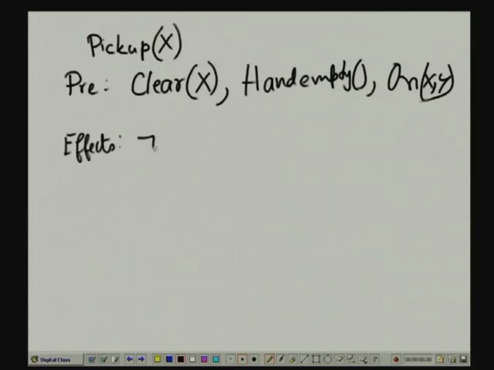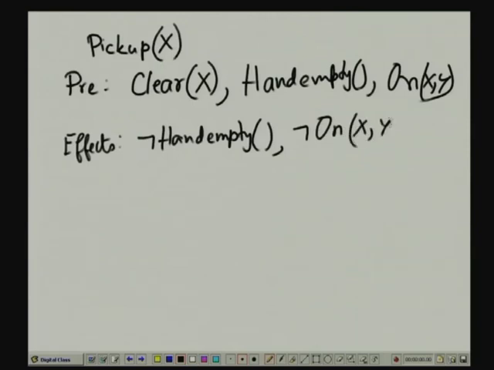Effects will be not hand empty, not on X Y, and the effect will also be holding X.